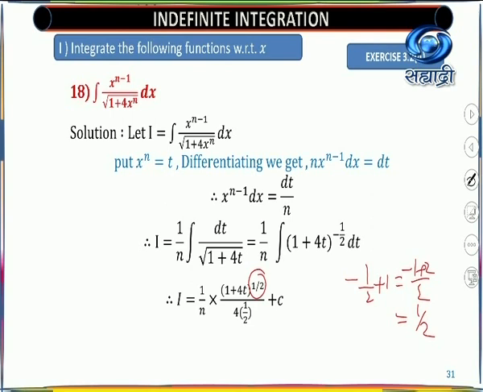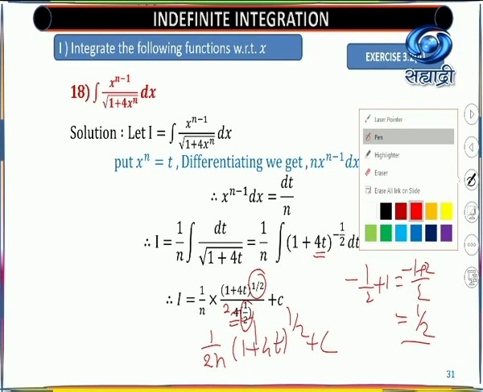It is divided by coefficient of t, that is 4, into half, as it is a division n plus 1. So you will get half plus constant of integration. Now these 2 ones are 2, 2 2s are 4. So you will get 1 upon 2n and 1 plus 4t raised to half plus constant of integration.